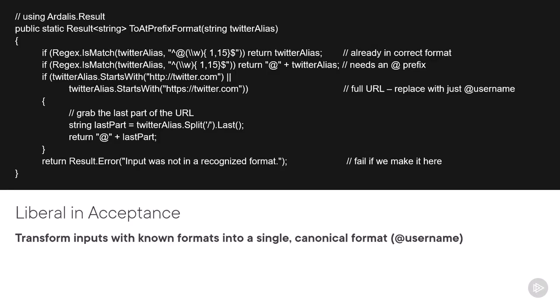Here is some simple code that could meet the requirements. It's not designed for speed and could certainly be optimized, but it would be clear that there are 3 acceptable formats of Twitter aliases which can be transformed into the canonical @username syntax. Obviously, you would apply this to whatever types your model might use.